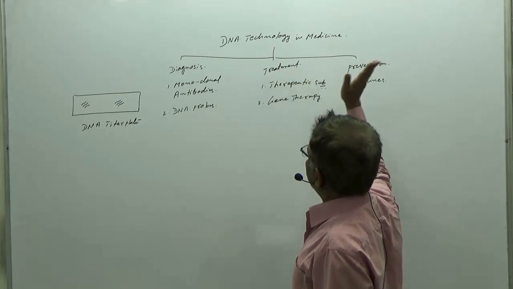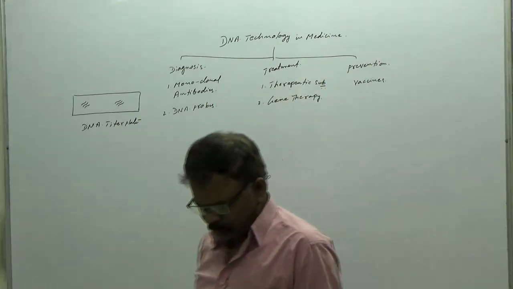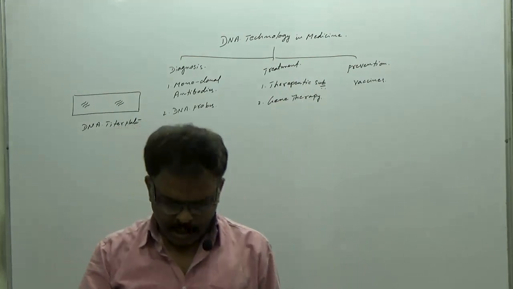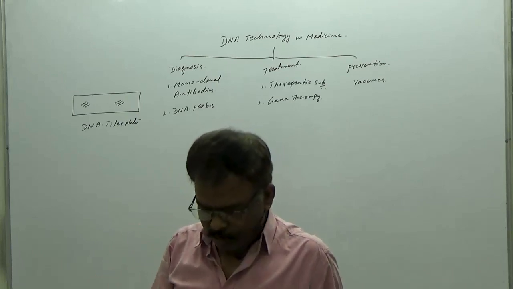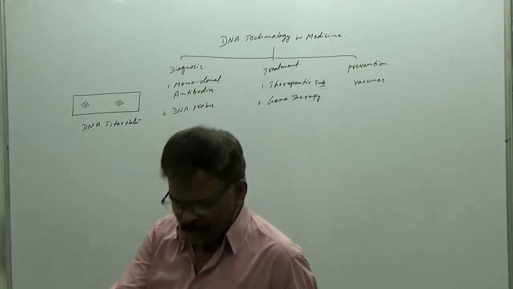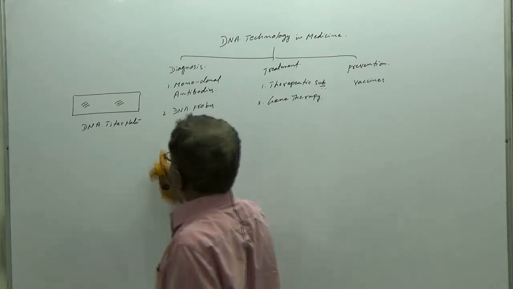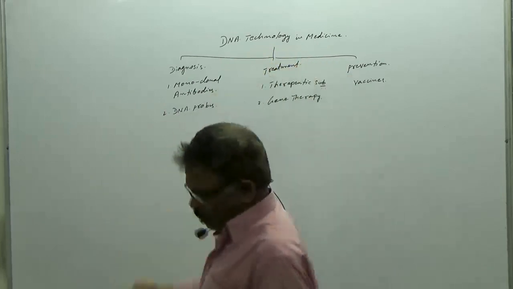Then treatment. In treatment, therapeutic substances means drugs. In the lab now, technicians produce an abundant number of hormones, enzymes, vitamins, many by using this technology. What are they?